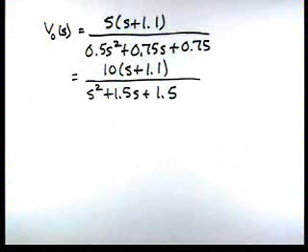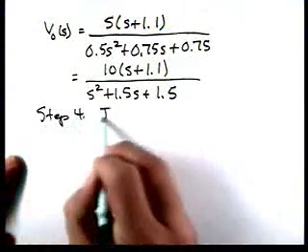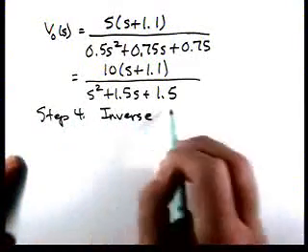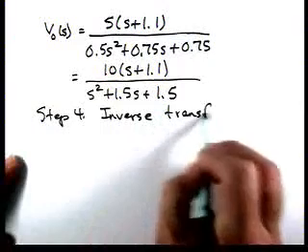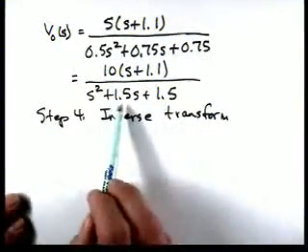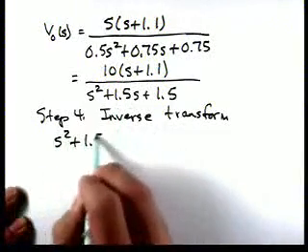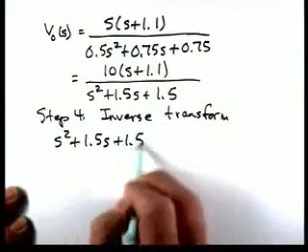Now we've got a ratio of polynomials in S. So step 4, now we'll perform the inverse transform. First, let's factor the denominator polynomial and find the roots. So we want to know what are the roots of S squared plus 1.5 S plus 1.5.